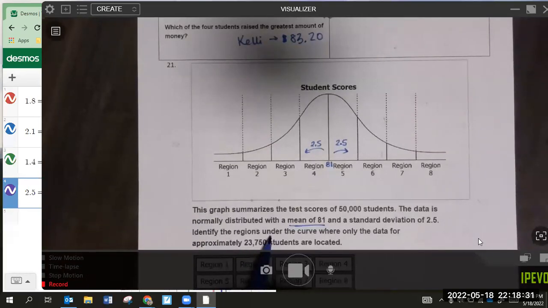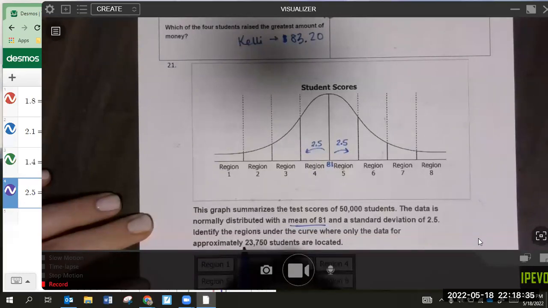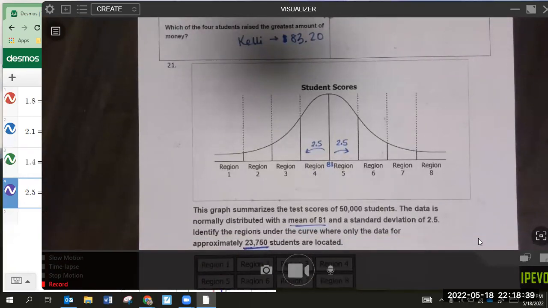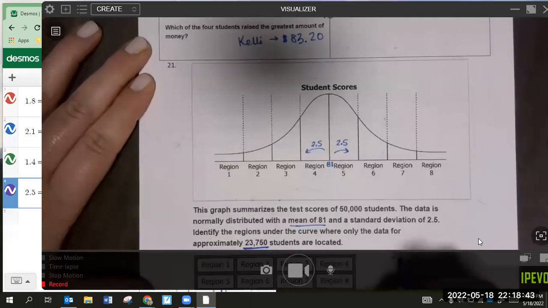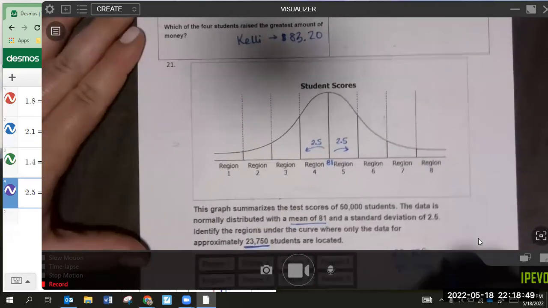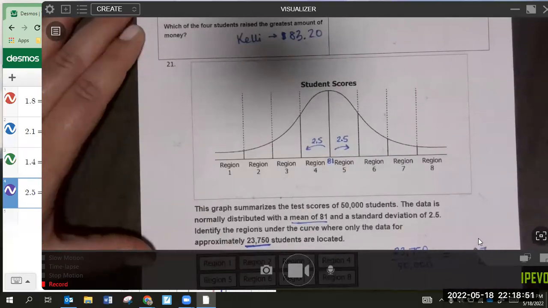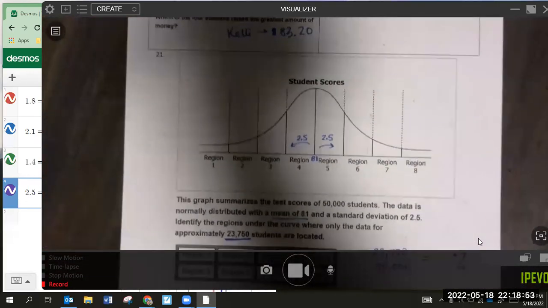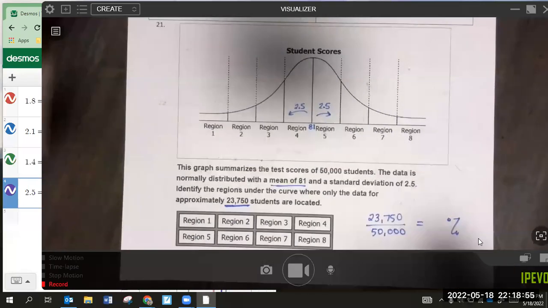Ends under the curve where only the data for approximately 23,750 students are located. Well, if we're only looking for 23,750 students and there were 50,000 students total, what percent am I looking for? What percent am I looking for?